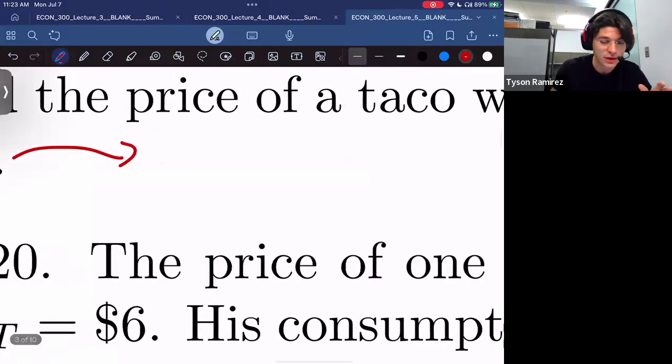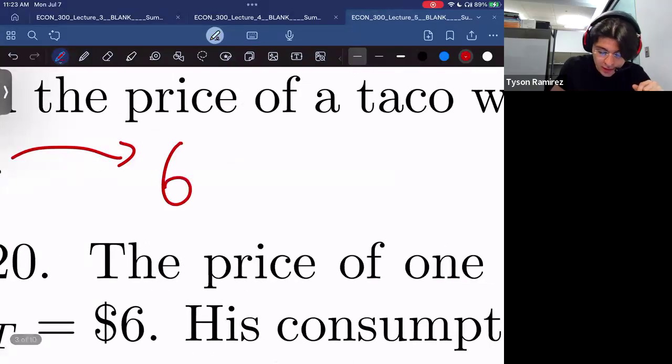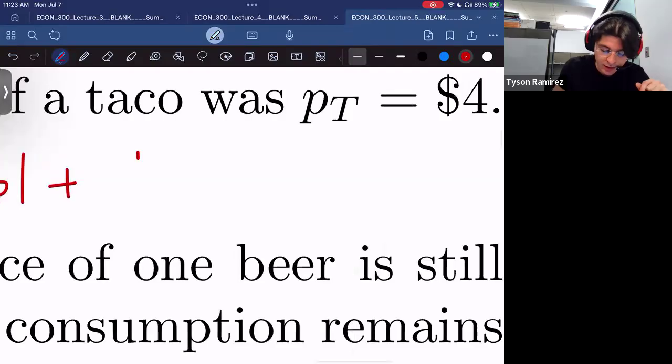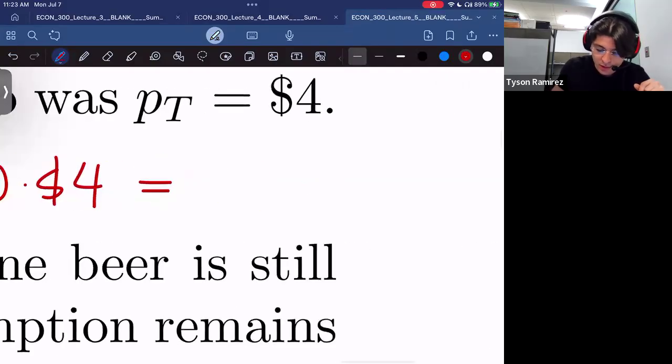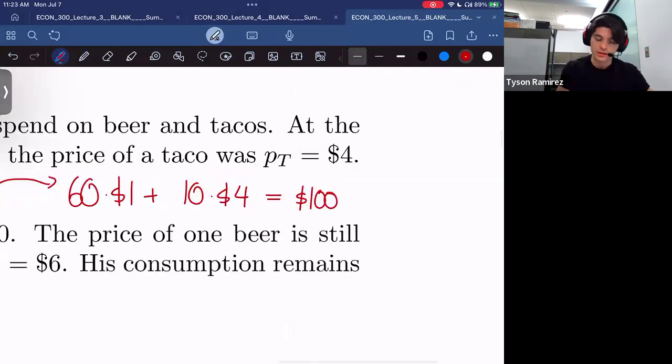Just to verify that this is feasible, we know that 60 times $1 apiece plus 10 times $4 apiece equals 100. So for sure, he's using all of his money here.